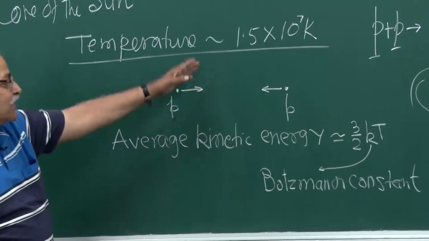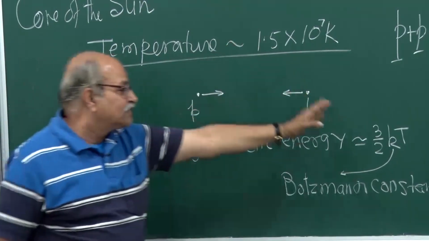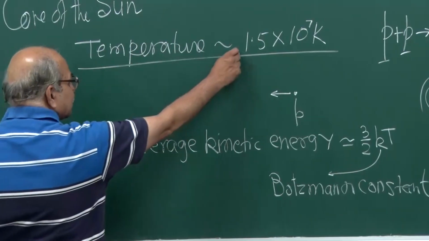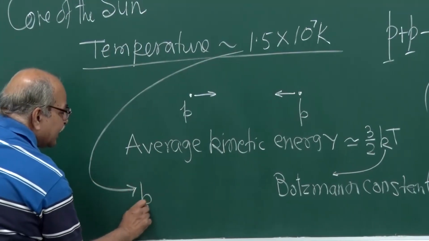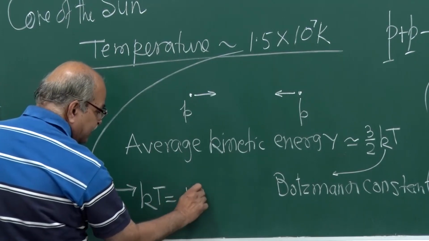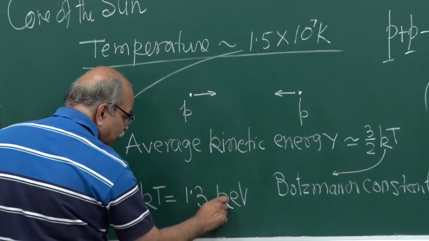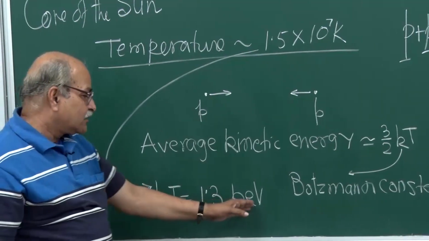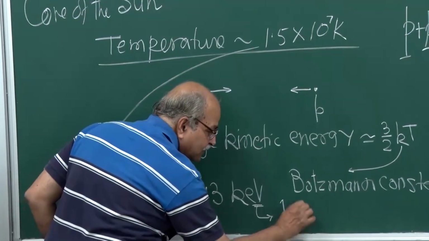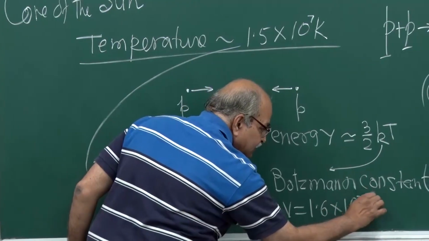Now at this temperature, what is the value of this kT? kT turns out to be about 1.3 kilo electron volt. Okay, you know kilo is 10 power 3 and electron volt is a unit of energy. 1 electron volt is 1.6 into 10 power minus 19 joules.